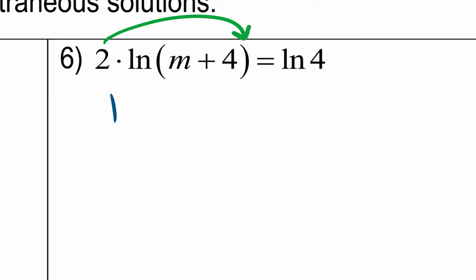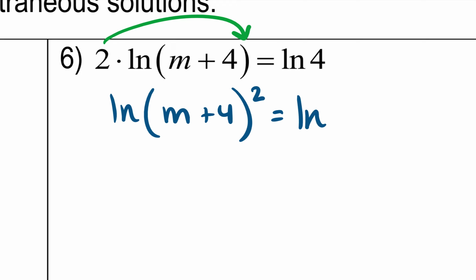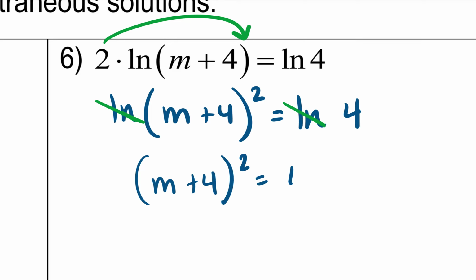That would give me natural log m plus 4 squared equals natural log of 4. Now with one natural log on each side, I can cross the logs off just like we did. And then I'm left with m plus 4 squared equals 4.